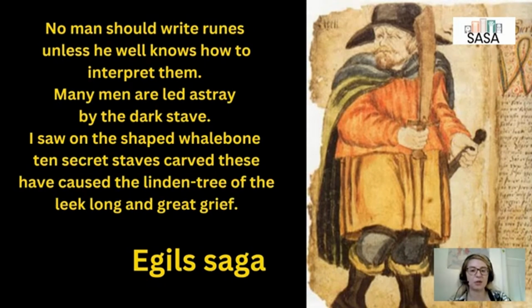In one instance, for example, Hallmund dictates a poem to his daughter, who then carves it onto a rune stick. And this is a practice that you can also find in the saga of Egil, where Egil's daughter Thorgerd similarly records the poem Sonatorek, the lament for my son, on a rune stick to help alleviate her father's grief over the loss of his son Bodvar.